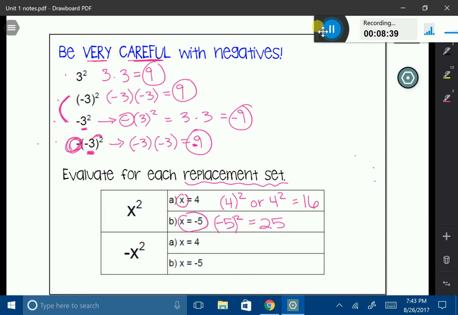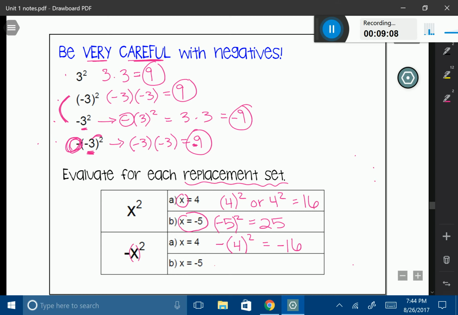Okay, let's do another one. Now, again, very tricky part. Notice I have a negative outside of my x, right? Well, when I look at my a here, x equals 4. Always remember, the x is 4. So really what I have is parentheses around my x. So I'm going to write negative parentheses 4 squared. And we know that 4 squared is 16, multiplied by negative 1 gives me negative 16.